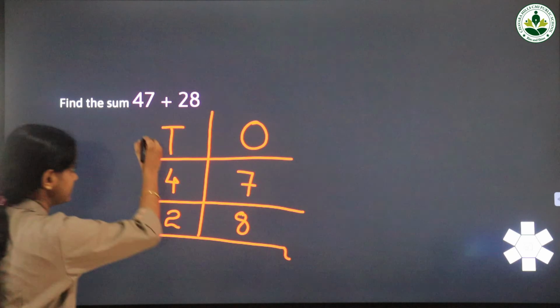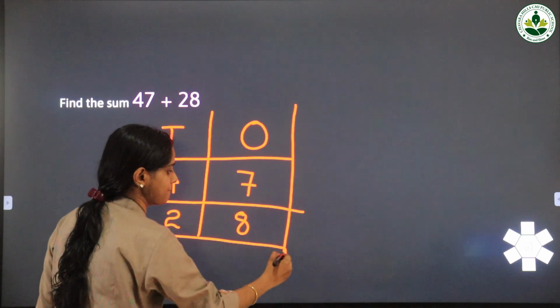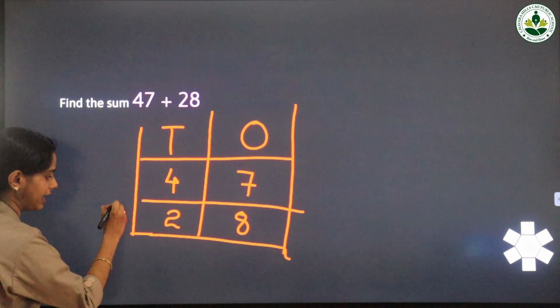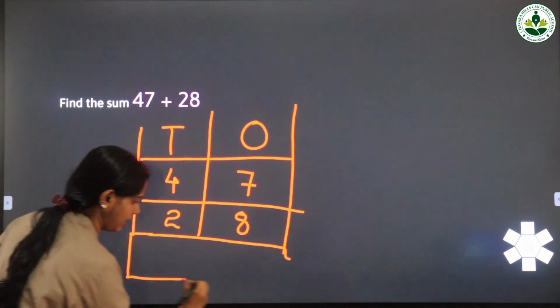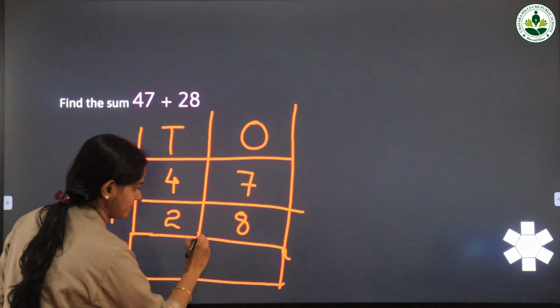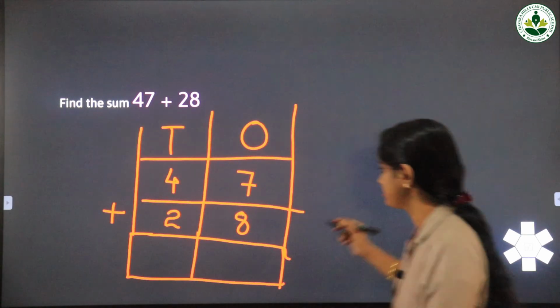As we place these numbers in the place value chart, this is the addition symbol. Okay, let us start our addition. We start from the right side, that is the digits in the ones place.